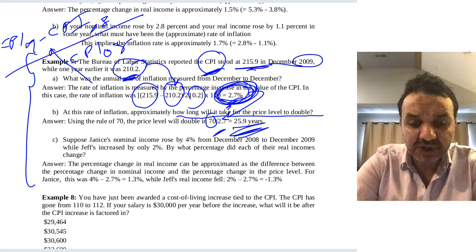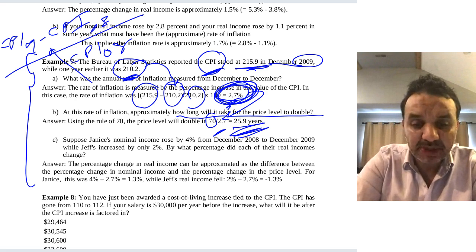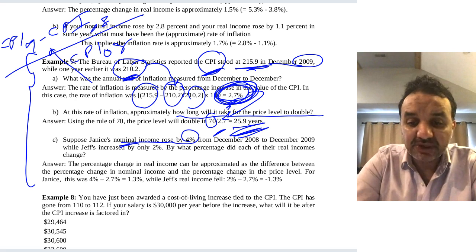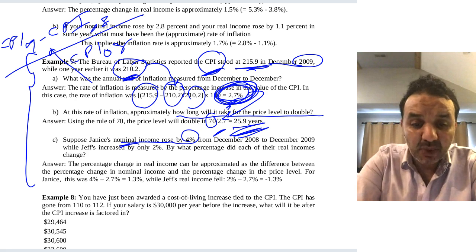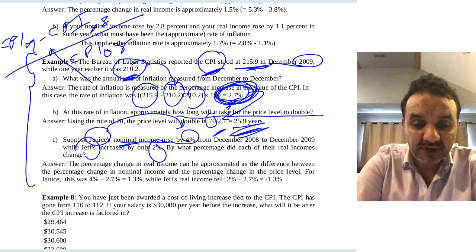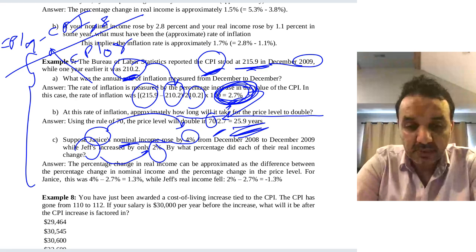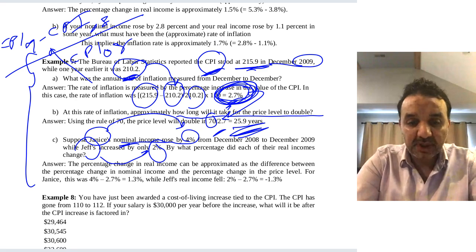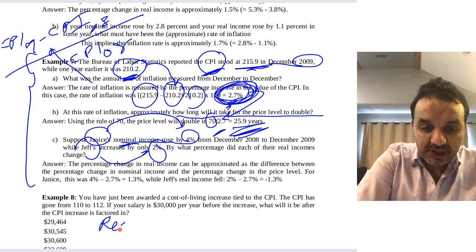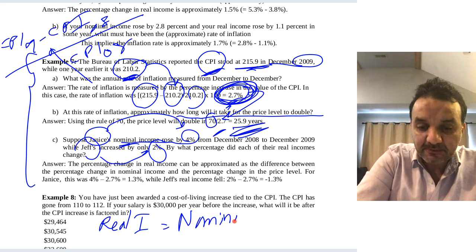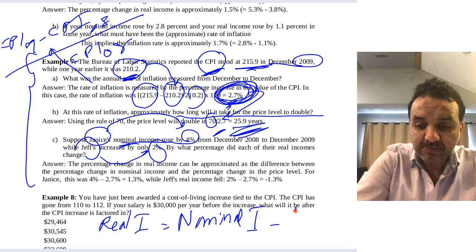Okay, next question. Now suppose that Janice's nominal income rose by 4% from December 2008 to December 2009, while Jeff's increased by only 2%. So Janice's nominal income increased by 4%, Jeff's nominal income increased by 2%. By what percentage did each of their real incomes change? Again, real income equals nominal income minus inflation.